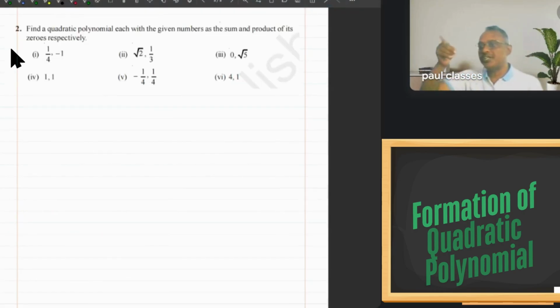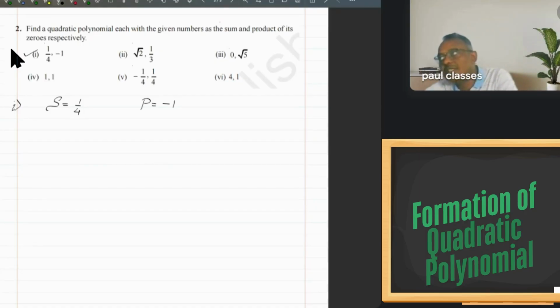Let's do this question and then we'll talk. The question is, find the quadratic polynomial if each of the given numbers are the sum and product of the zeros. You are given the sum of the zeros as 1 by 4. The product of the zeros is minus 1.